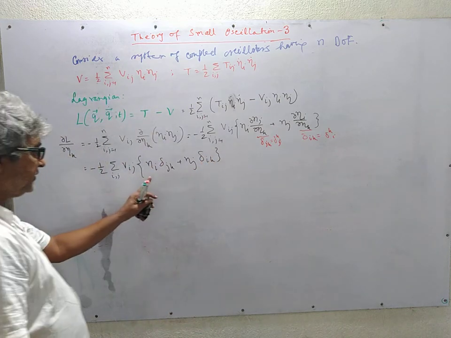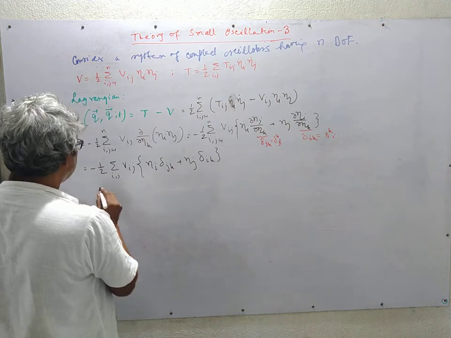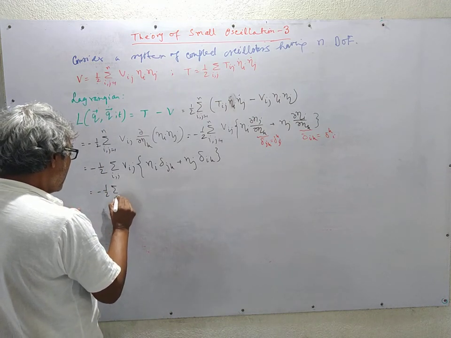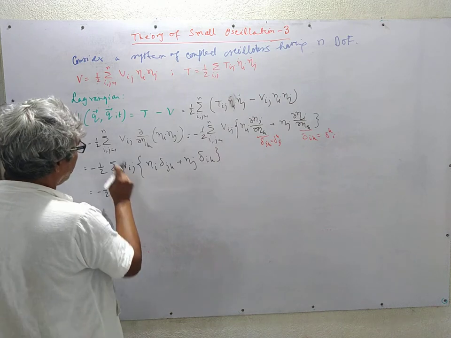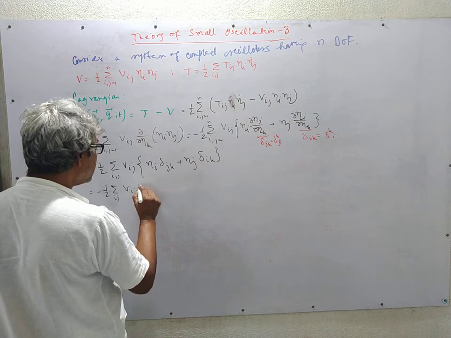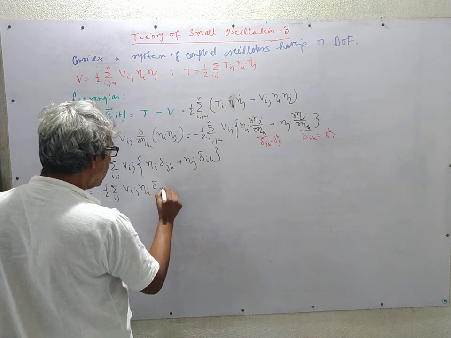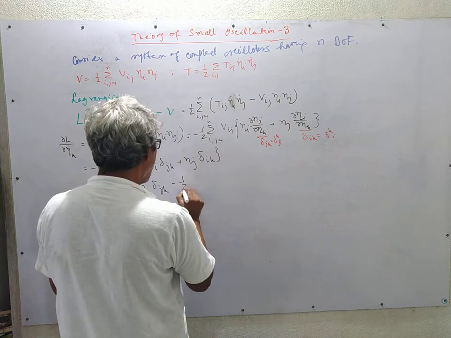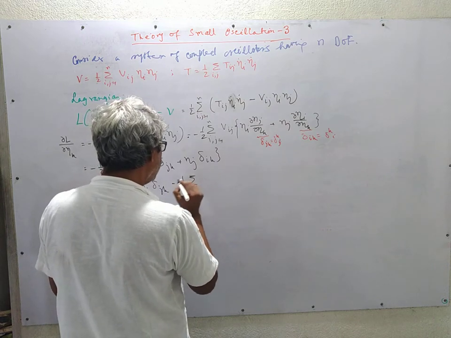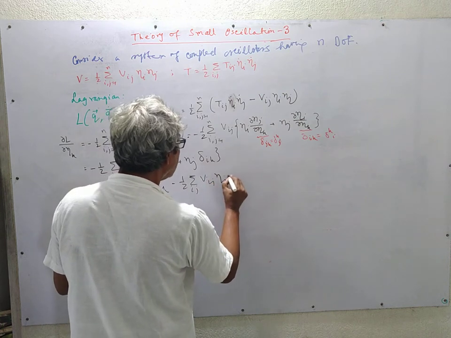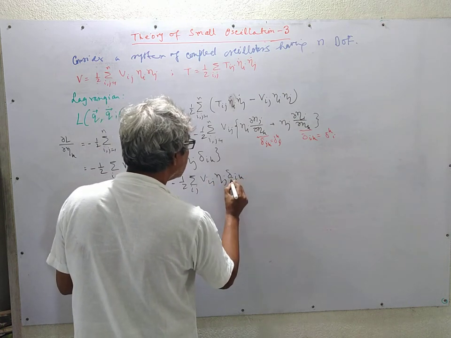For this term, when we sum over j, let me first write it like this: i, j is over 1 to n, delta of jk for the first term, minus half summation over i, j, V_ij eta j delta of ik.